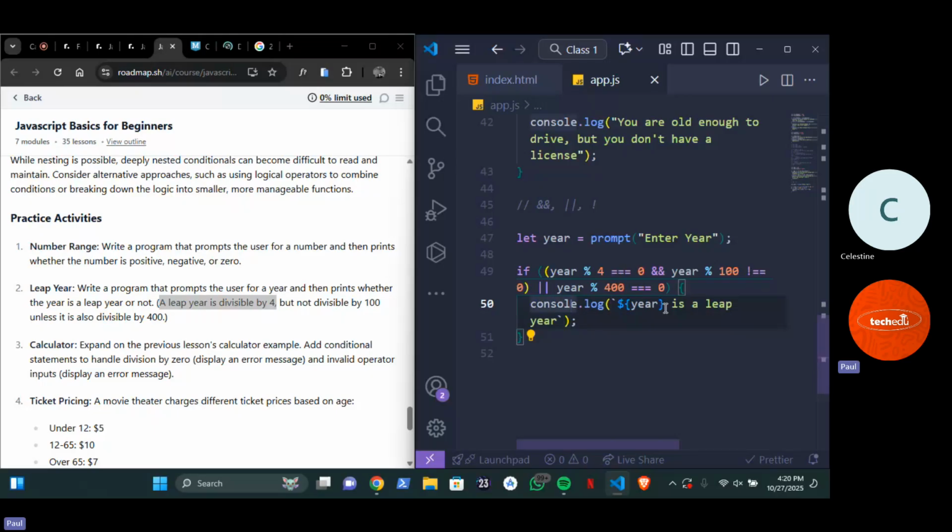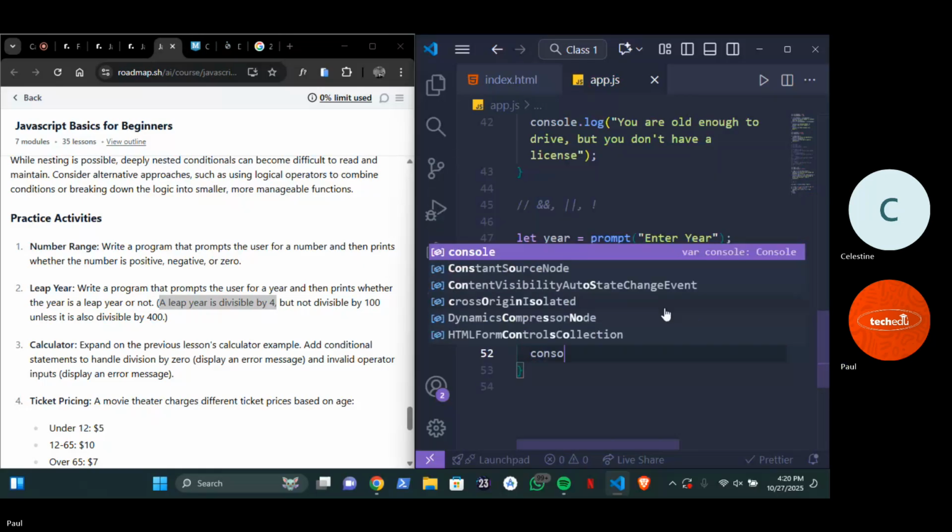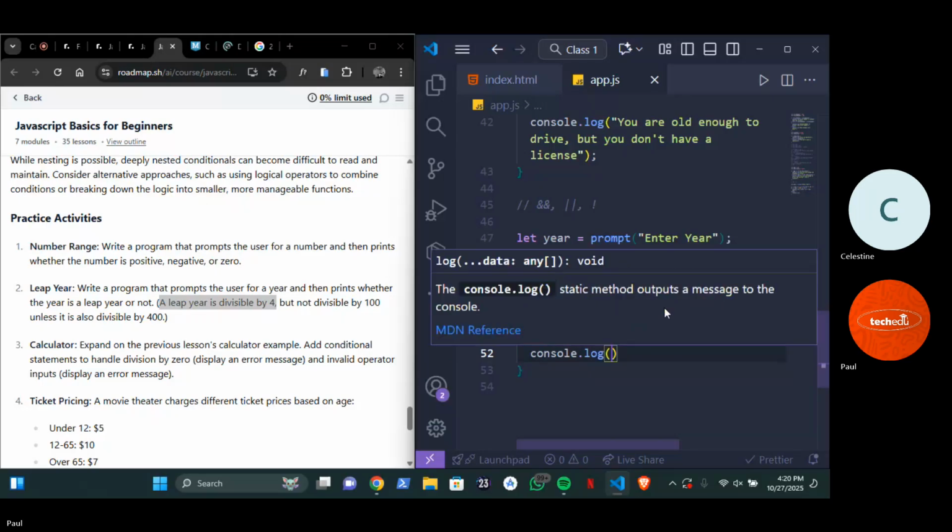Else, what are we going to have? Console.log. Here is not a leap year.